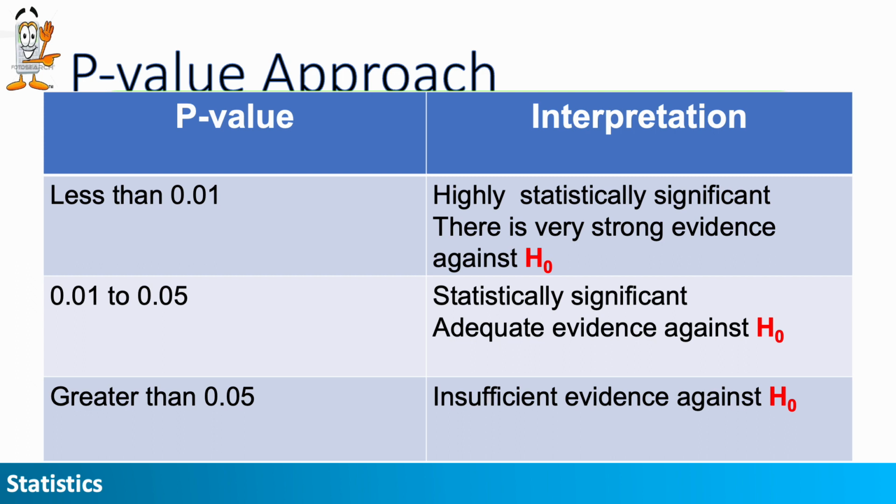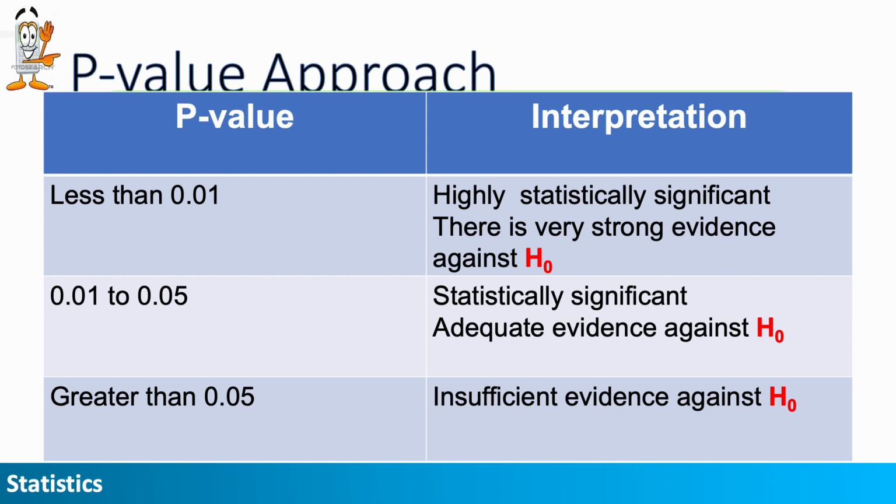If your p-value is less than 0.01, that means that it's very highly statistically significant. There is very strong evidence to reject the null hypothesis. If it is just within 0.01 to 0.05, that means it's still statistically significant, and there is enough evidence to reject the null hypothesis.